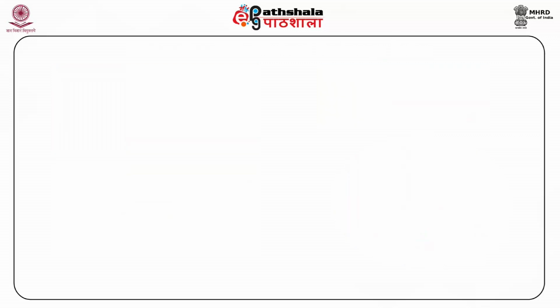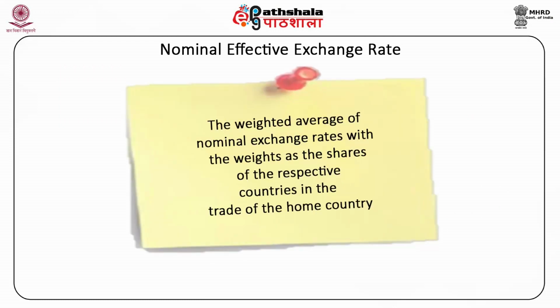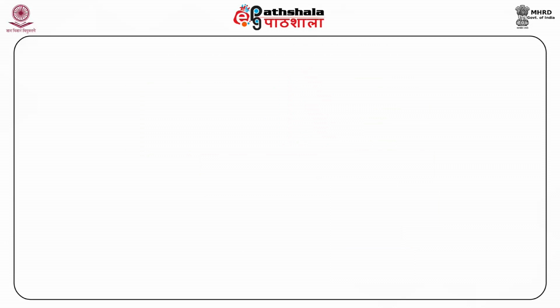Let us understand nominal effective exchange rate. It is computed as the weighted average of nominal exchange rates with the weights as the shares of the respective countries in the trade of the home country. An example will clarify the concept.